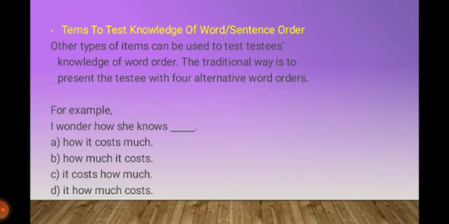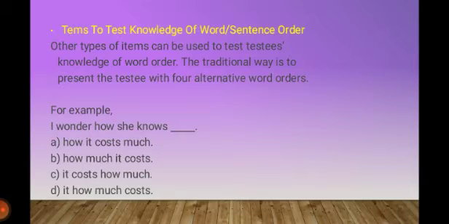You can see the example. Okay, next, testing knowledge of word or sentence order. Other types of items can be used to test the testee's knowledge of word order. The traditional way is to present the testee with 4 alternative word orders.